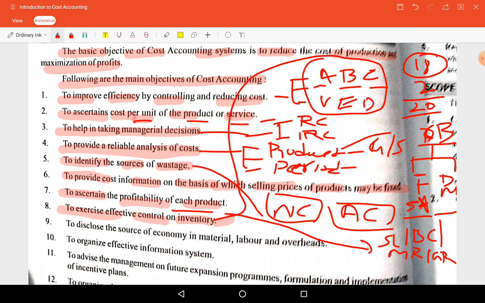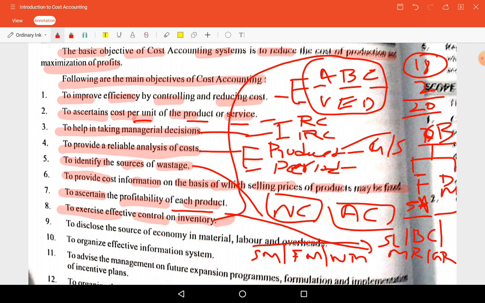With the help of all these things, inventory will be controlled by classifying goods as fast moving, non moving, and slow moving goods.